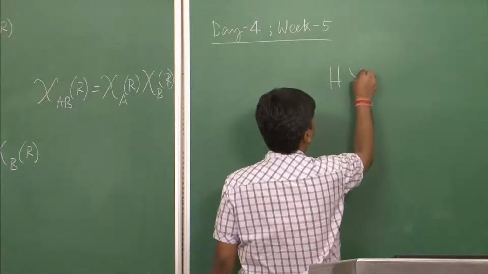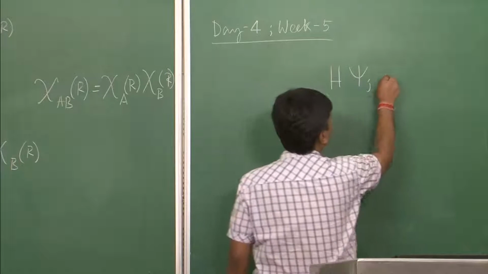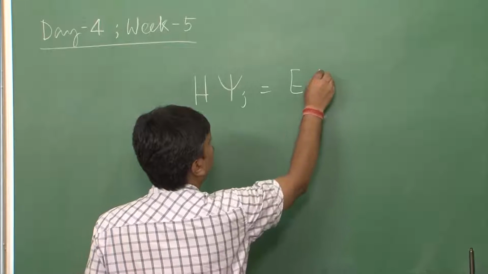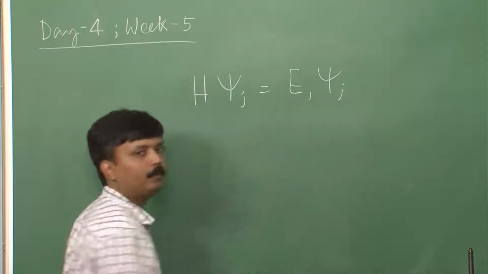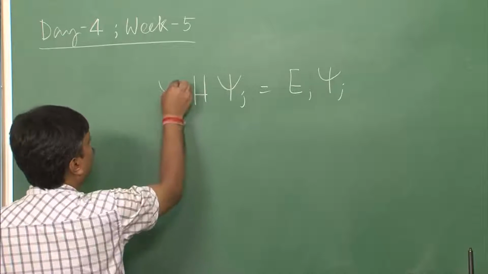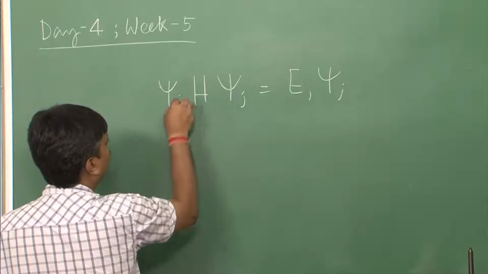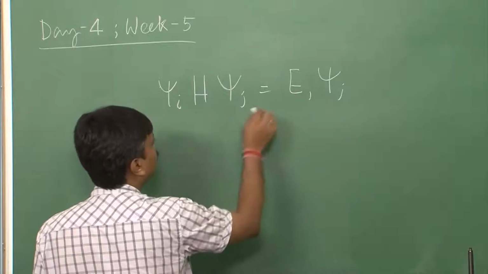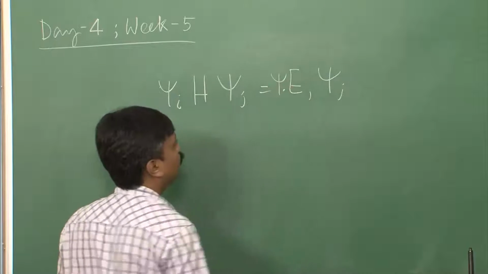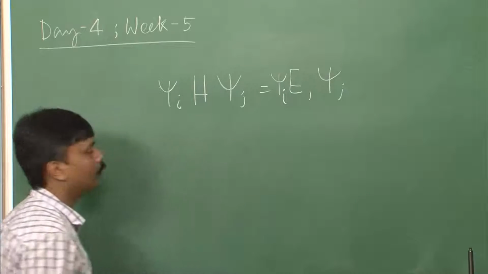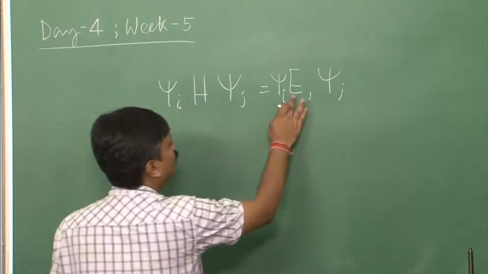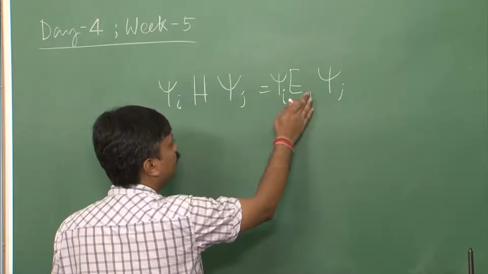So you have, say, H psi_j equals E_j psi_j, right? Now if you multiply both sides by psi_i, okay, and then you integrate. So E being a constant, I can easily shuffle this one.